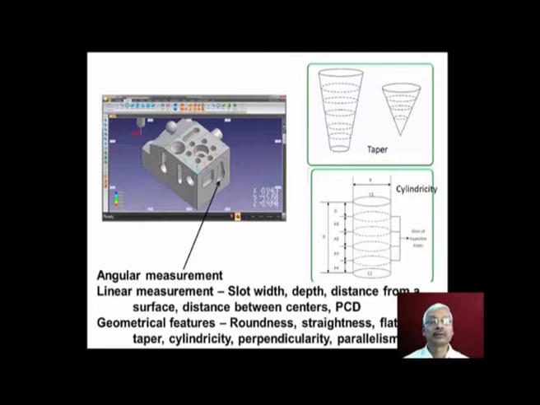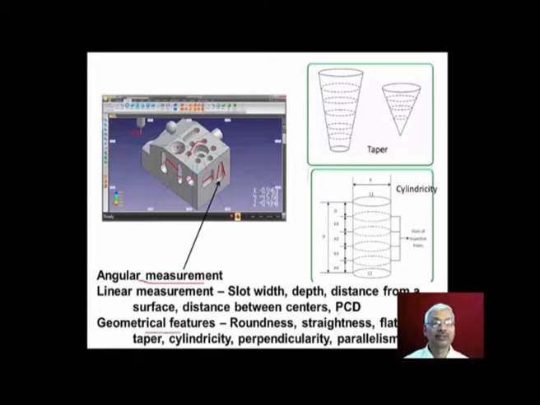So it has angles, so angles can be measured, and linear measurement is possible. That is what is the slot width, and what is the diameter of the hole, what is the distance between 2 surfaces, and what is the distance between 2 slots, distance between centers. Say this is the center of one hole and the center of another hole. What is the center distance, pitch circle diameter.